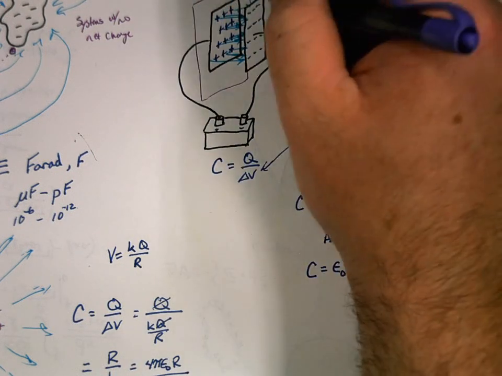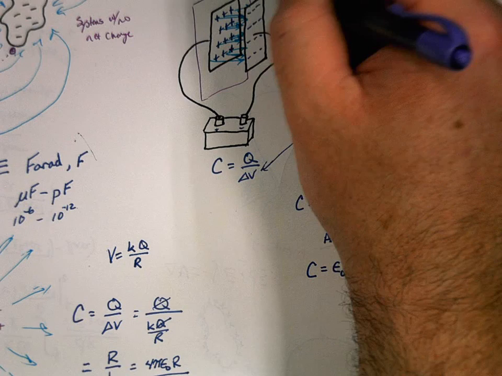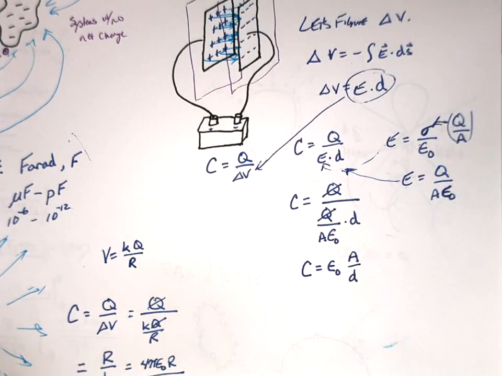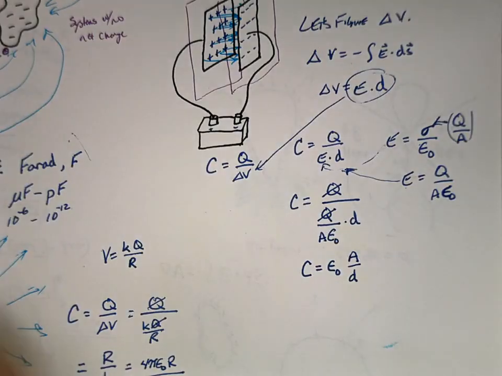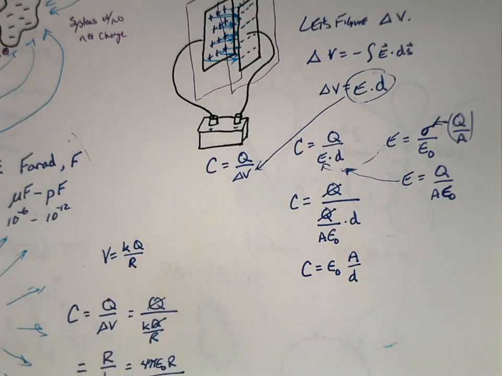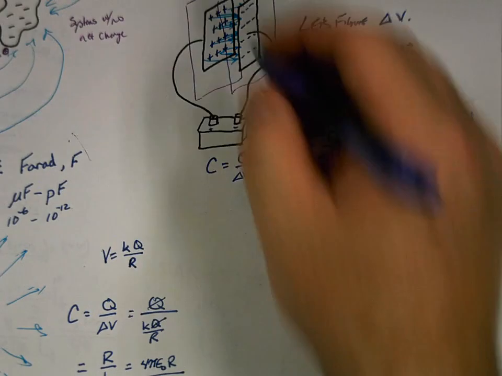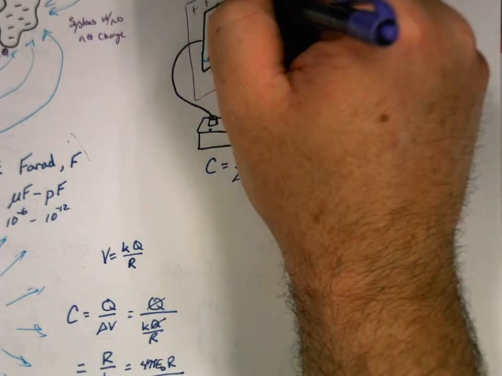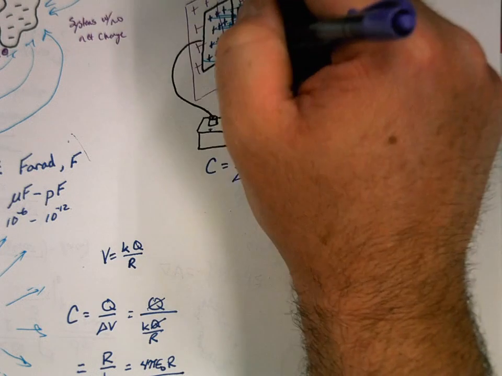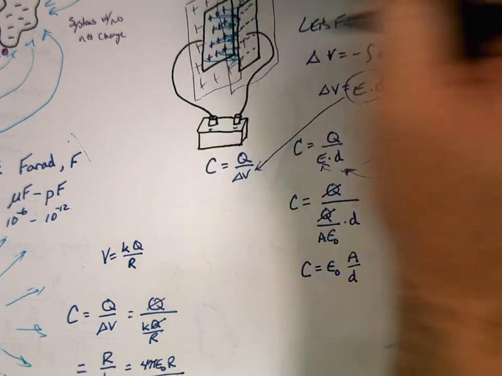What are we able to do if our area is bigger? What can we store? Now, mind you, if the voltage is the same but the areas are bigger, that means we can store more charge on the plates. Yeah? And then minus is over here.